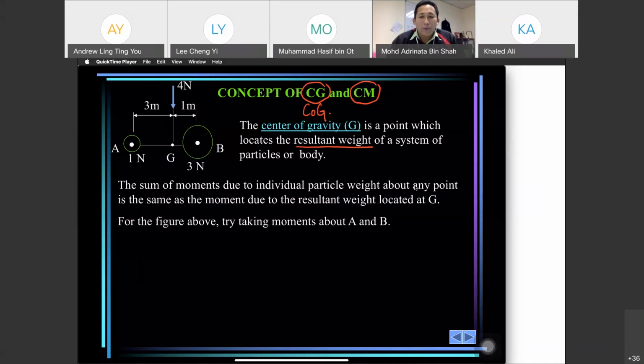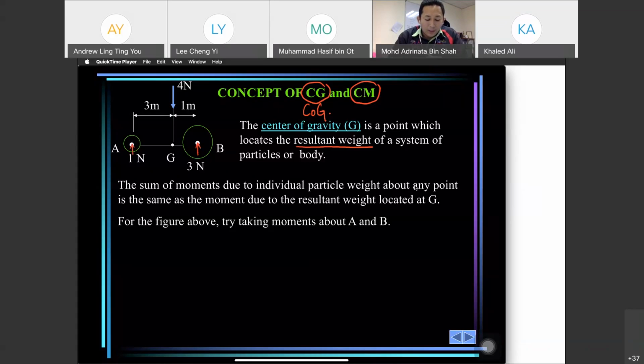We have 4 Newton of weight with 3 meter distance, acting at G. Then here 1 Newton is acting like that, and 3 Newton.